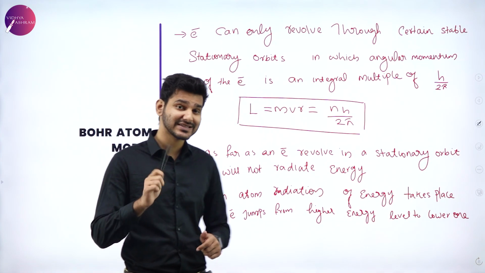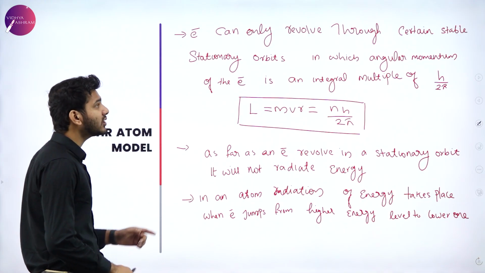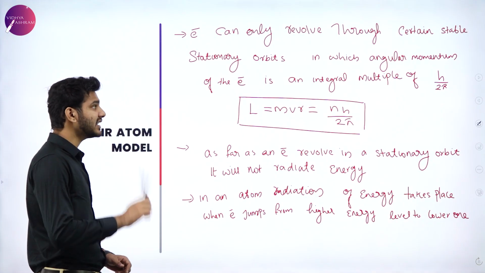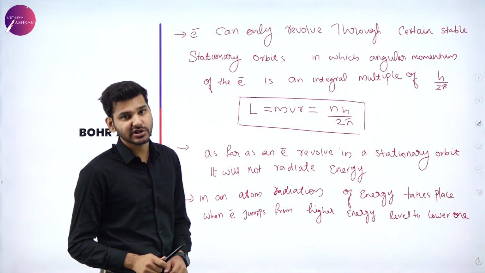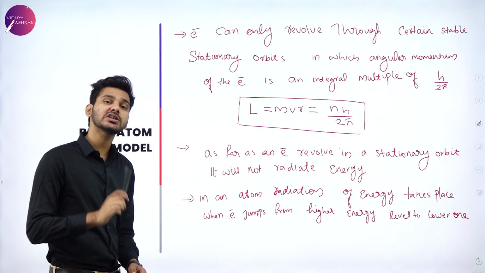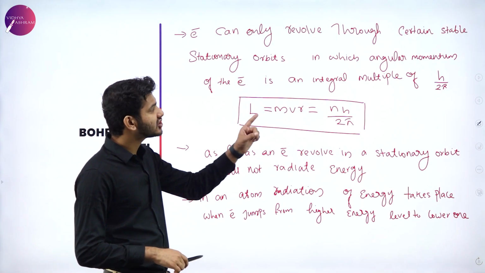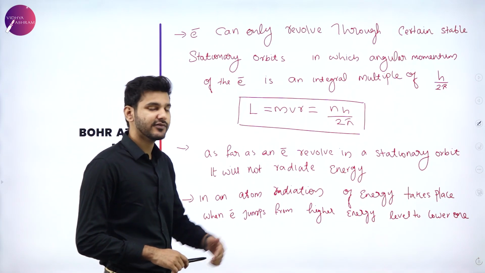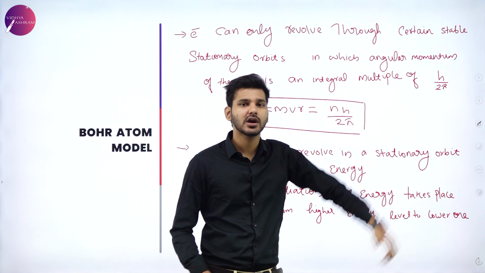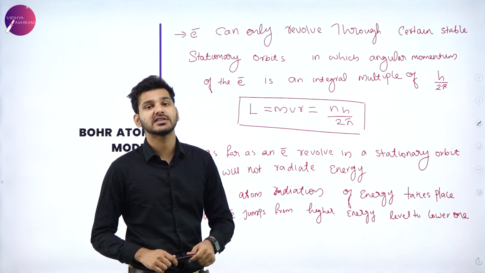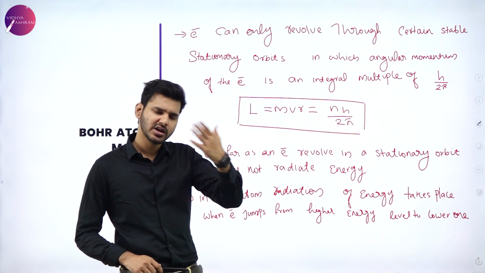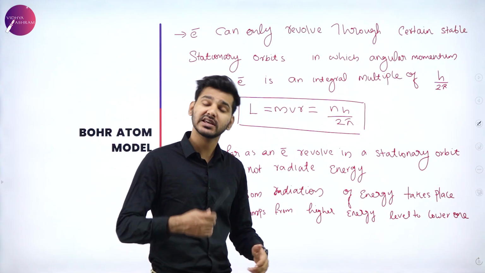For example, he said that an electron can only revolve through certain stable stationary orbits in which the angular momentum of the electron will be an integral multiple of h by 2 pi. Later, if you're studying physics, you will learn this constant to be h cross or h bar, where h is Planck's constant. You'll learn it if you're studying physics even further.